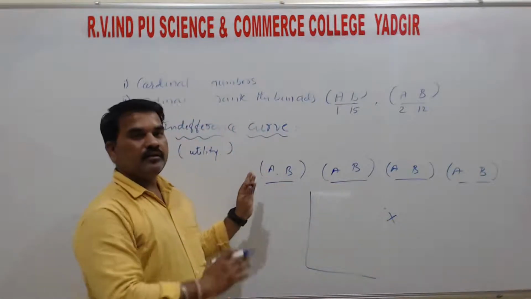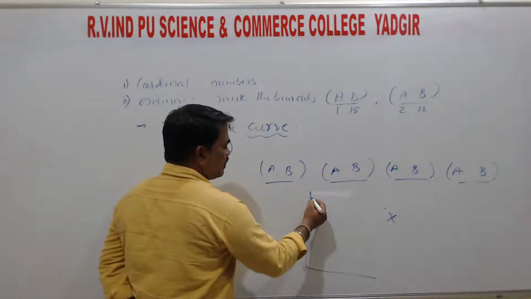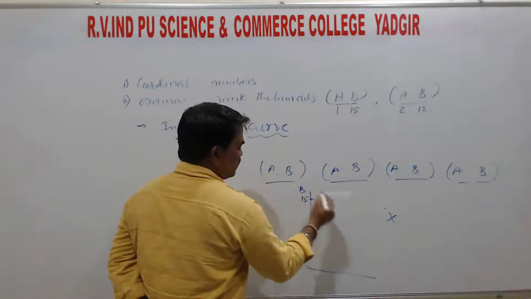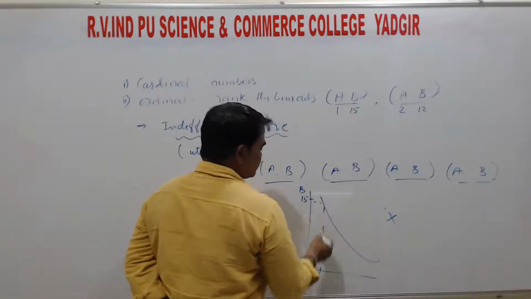How can we combine the goods which are available? We know the curve looks like this. If it is 15 banana, then 1 apple, like that. The curve looks like this.